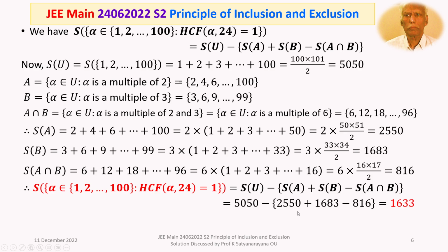Simplifying, we get 1633. So our answer to this question is 1633, and this question uses a counting principle called the principle of inclusion and exclusion.